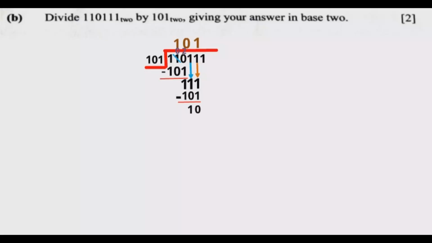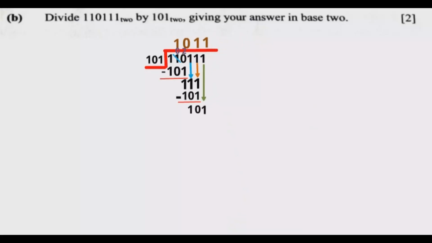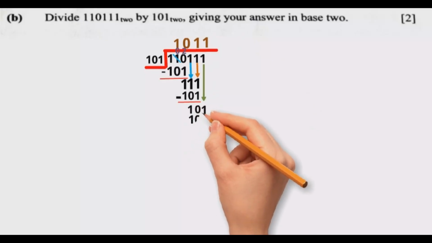So we drop again 1 here. First we ask ourselves, does 101 go into 10? No. So we drop 1 here. Then we say, does 101 go into 101? Yes. How many times? 1. We write 1 on top. Then 1 multiplied by 101 is 101.